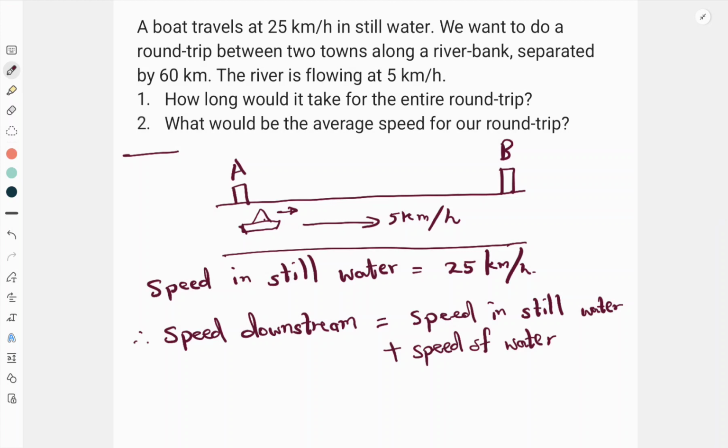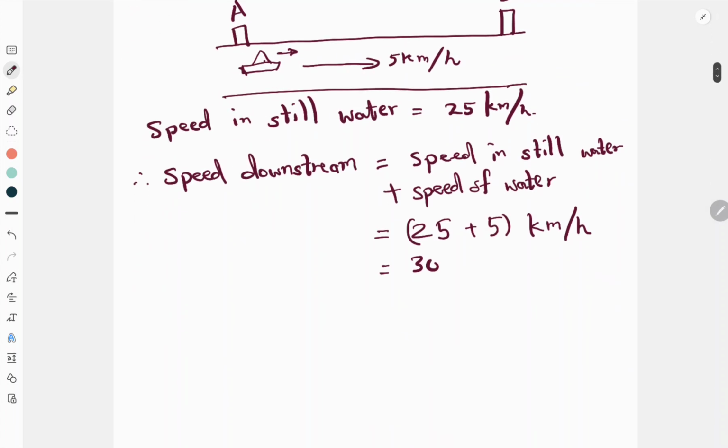It's just a simple addition of the speeds, which in this case would be 25 plus 5 kilometers per hour, which is 30 kilometers per hour.